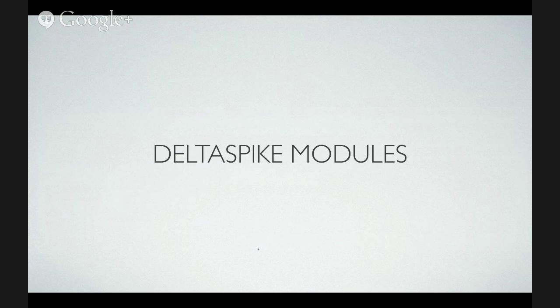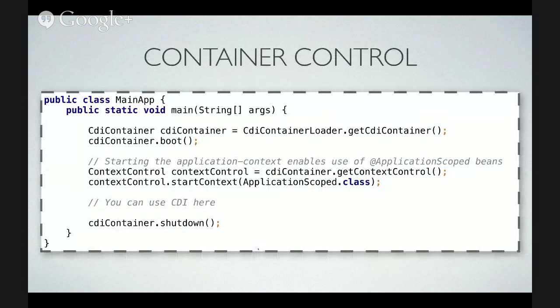So regarding the modules, one of the interesting things is the container control that allows you to boot CDI from Java SE. So here you've got a very simple example, but you see that it's a little more than just booting CDI.